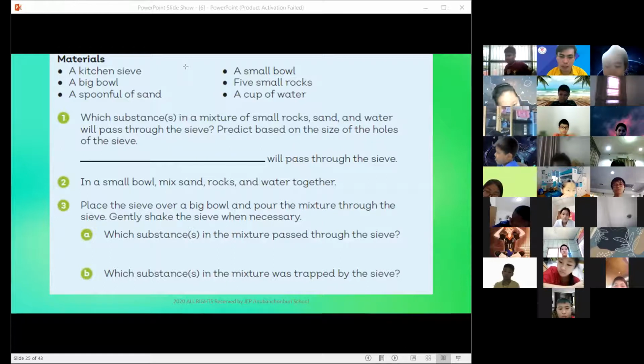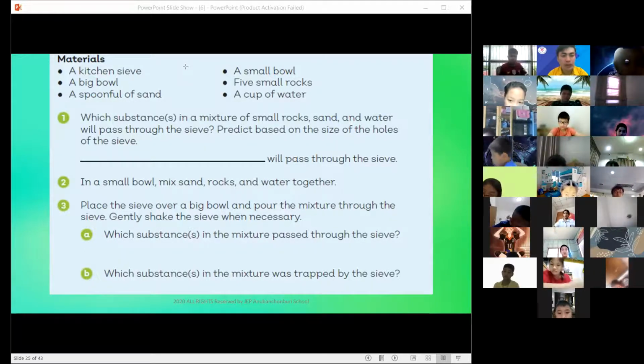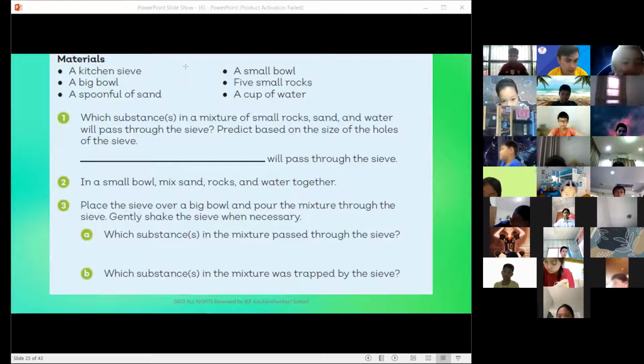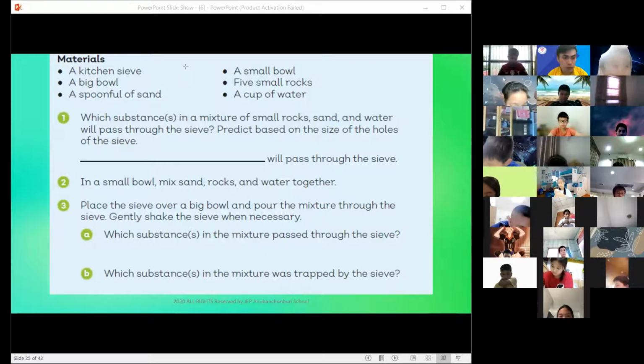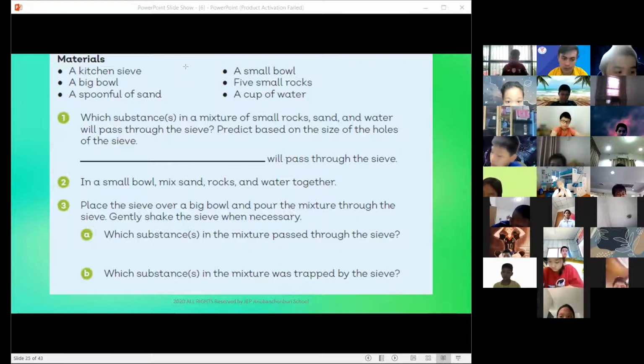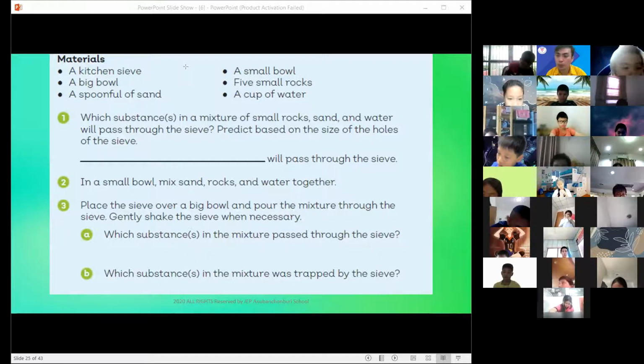He is in the outer space, but he can help us answer question number 1. I will read and then you will answer, Apiwit, okay? Which substance or substances in a mixture of small rocks, sand, and water will pass through the sieve? Predict based on the size of the holes of the sieve. So what are the substances that will pass through the sieve?